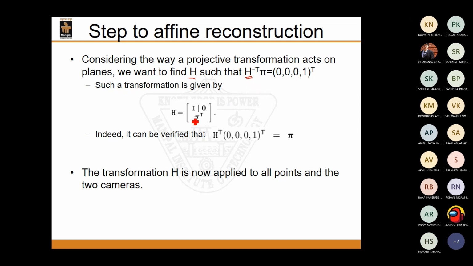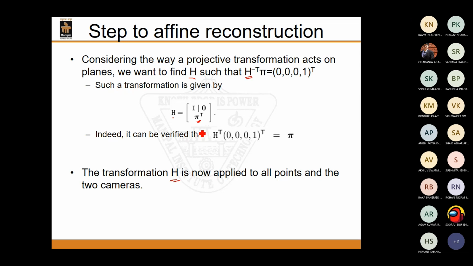And this transformation matrix H is given by I, 0, which is the identity matrix, and then you have pi transpose, where this pi is basically the plane at infinity that we are trying to find. Once we know this H, we can easily reconstruct the image in affine space. But in order to find this H, we need to compute this pi.